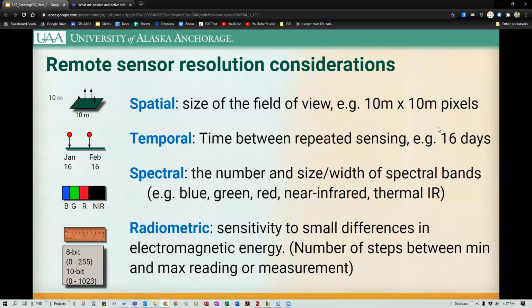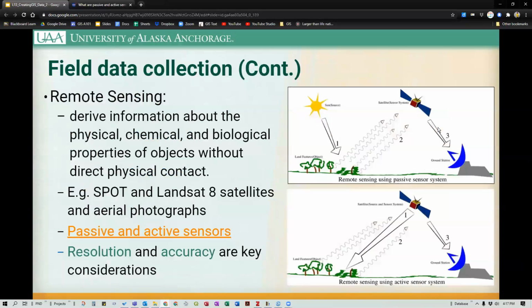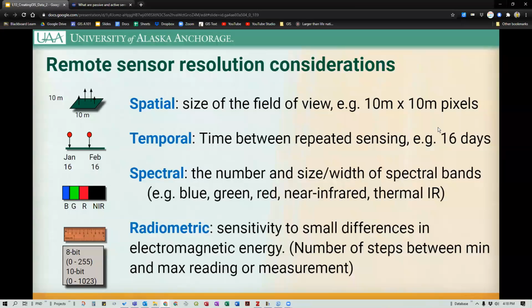So one of the really important things also to understand, just as we had trade-offs in accuracy in our field collection, we have significant trade-offs in our resolution and accuracy of our raster data collection, so our satellite data that we've gone out to collect. And sometimes that's spatial, right?